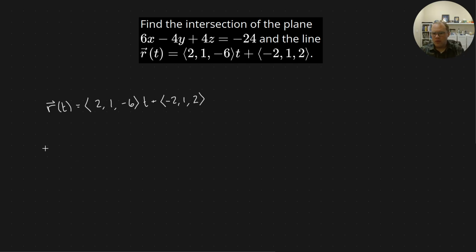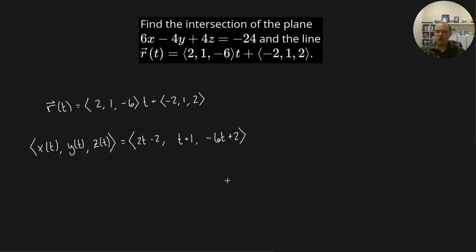All right, which means if r of t is x of t, y of t, z of t, then that means x would be, if I do the vector arithmetic, 2t minus 2, y is t plus 1, and z is negative 6t plus 2. Okay?